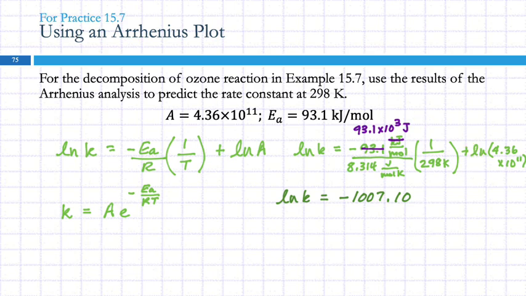So now to find k, we're going to do e to the both sides. So e to that whole number equals, so mine is telling me 0.